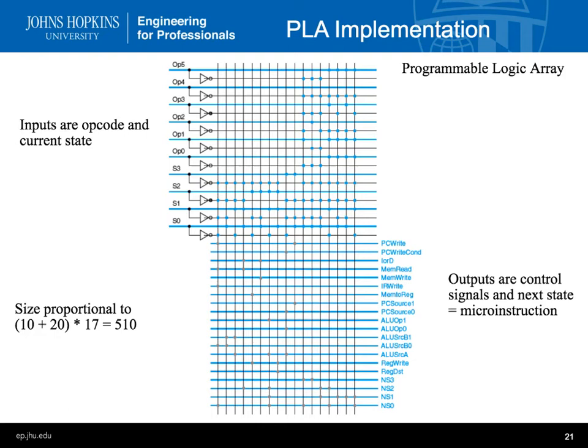And here is our PLA implementation. So just like I said, PC write is this top one, and here PC write is going to be true. There's 2 minterms, so each of these is a minterm. So PC write is true if we're in state 0, so these are the 4 bits of the current state.